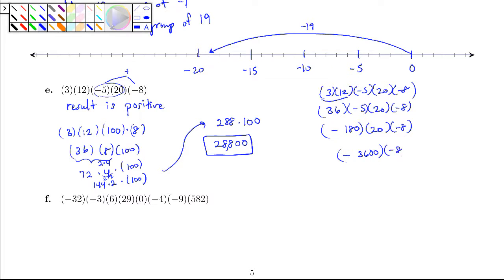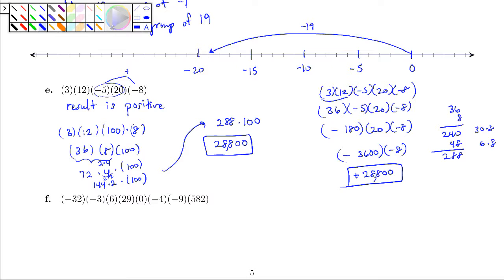Times negative 8. Negative times negative is positive, and I'm going to do 36 times 8. 30 times 8 is 240, and 6 times 8 is 48, so there's 288. So that was 36 times 8, and then I have times 100. Okay, so there's another way of doing it, and we get the same result.